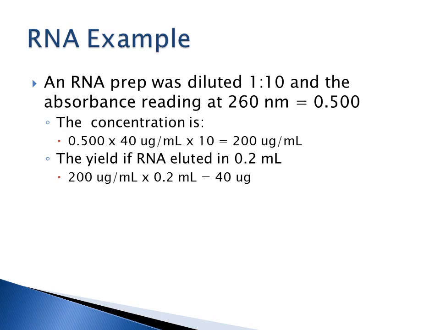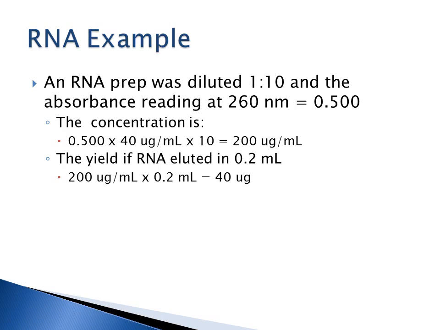Now here's an RNA example. So in this instance, we extracted our RNA, we dilute it 1 to 10. So we take a portion of that RNA. We don't dilute the entire amount. We have our extracted RNA or DNA. We take a portion of it out and we make a 1 to 10 dilution of a small portion, maybe 5 microliters, 10 microliters.